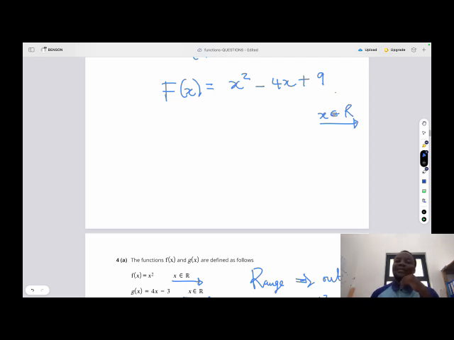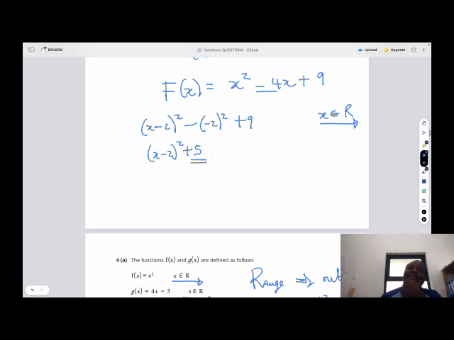I just do completing the square of this function, which is x, then I find half of this to give me half of negative 4, which gives me negative 2, everything squared. Now I've done a negative 2 squared, but I must subtract it from my general equation like that. Then this gives me x minus 2 squared. This is going to give me negative 4 plus 9, which gives me 5. So this 5 here is actually your range of f of x.